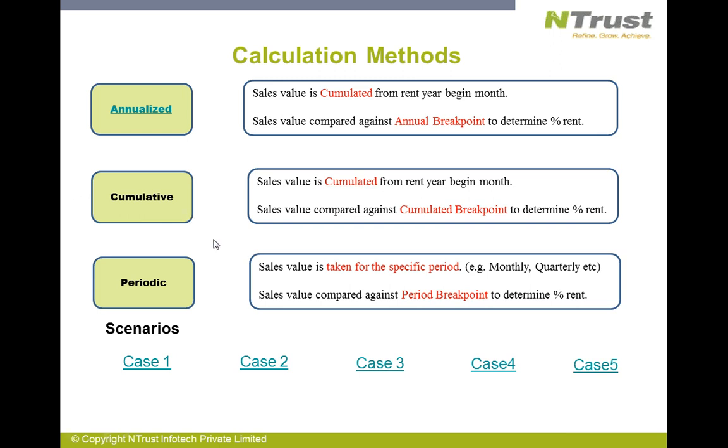Or it can be a cumulative way where your sales is cumulated for the term and your breakpoint or threshold is also cumulated for the term to determine if you need to make percentage rent. Or you can override your breakpoint so it's not necessarily a natural breakpoint on a price per foot rent. Or it can be on a periodic basis where the current term's sales and current term's threshold are compared. So there are multiple ways.